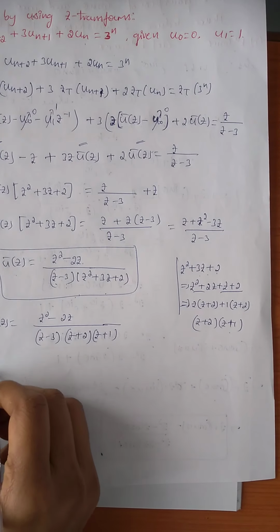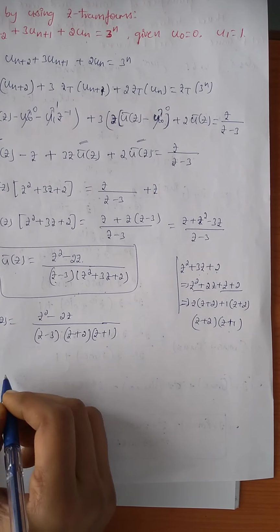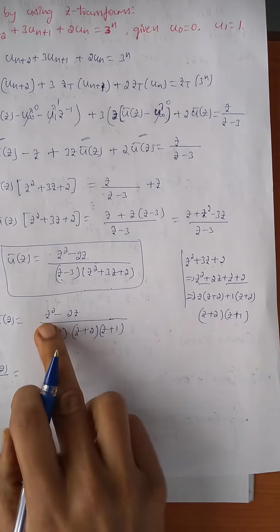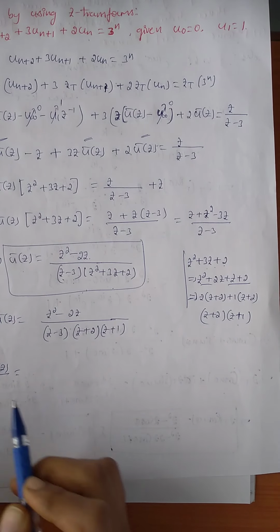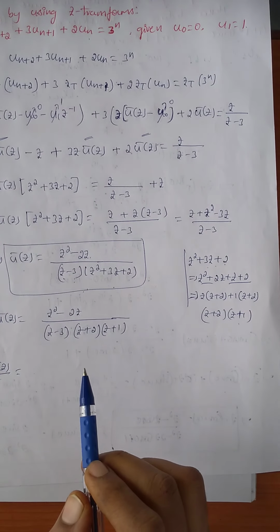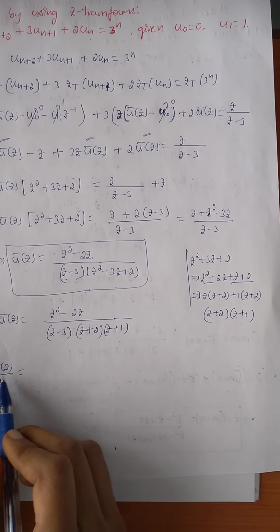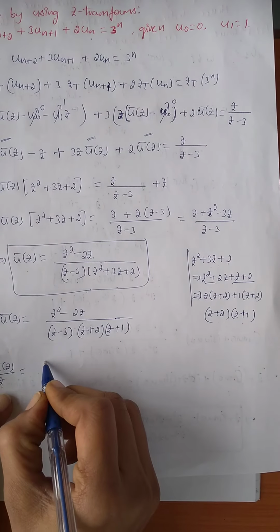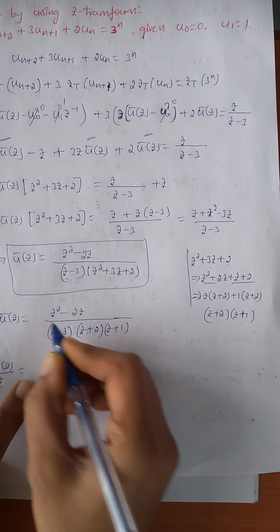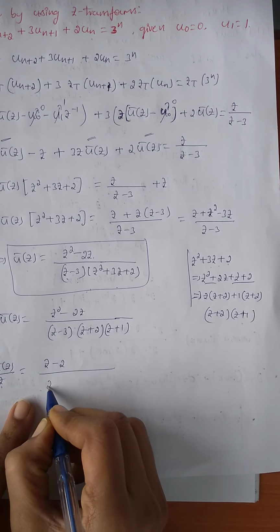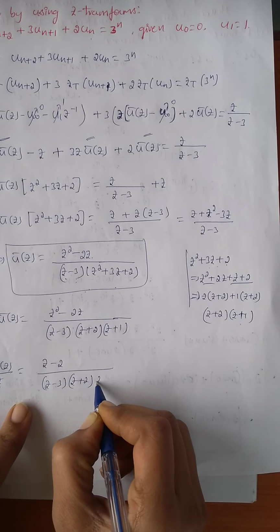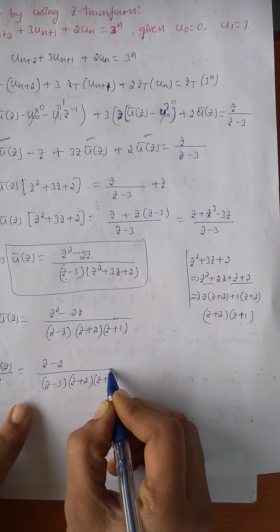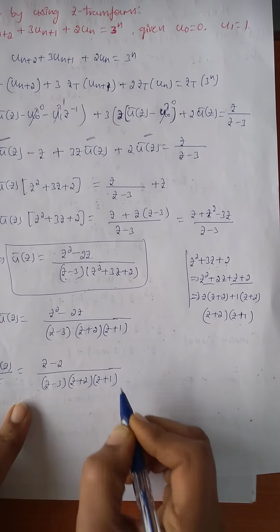We consider the LHS as ū(z)/z. Just take the numerator z common and transfer it, so we get ū(z)/z; otherwise, divide the entire equation by z to get the same. So we get (z−2) as the remaining numerator, and the denominator (z−3)(z+2)(z+1). Now we can't directly apply the inverse z transform.